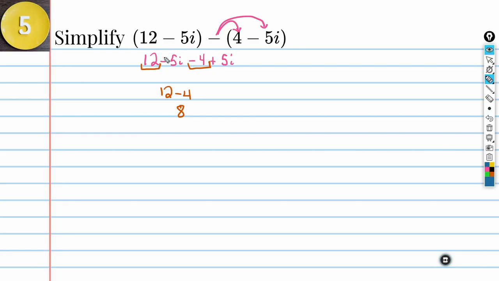Now let's take our imaginary portion, negative 5i plus 5i. So that cancels out, and that becomes 0i, which I don't have to write. So my final answer is just that 8. So it's okay for the real portion or the imaginary portion to cancel out. That will happen occasionally. And if both of them cancel out, the answer is 0.